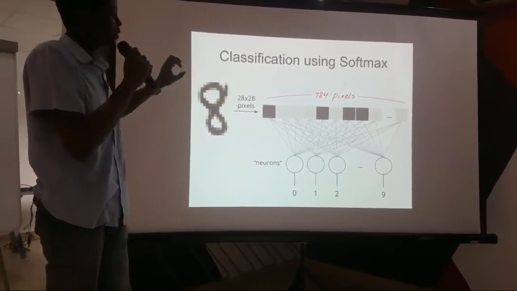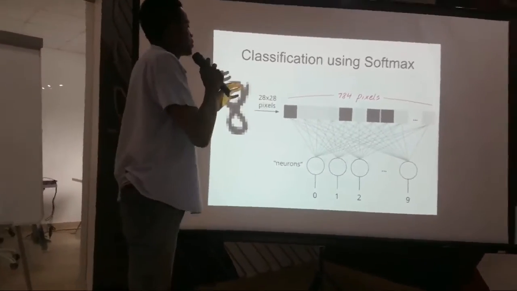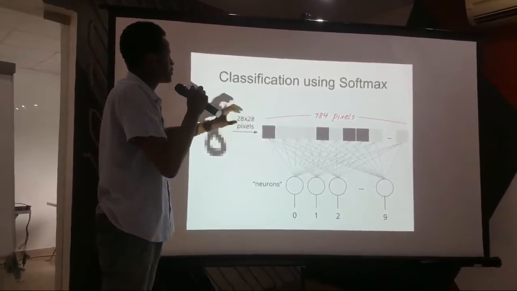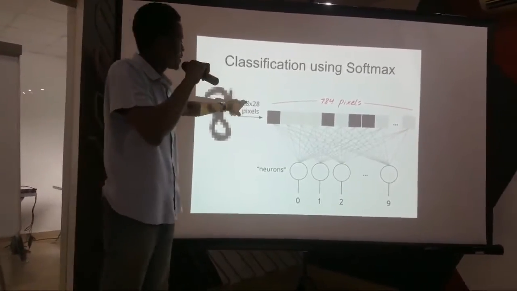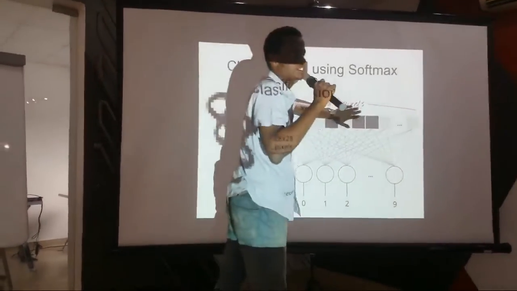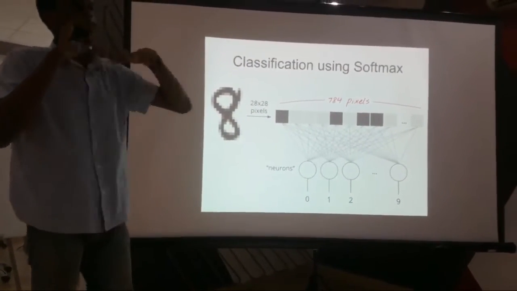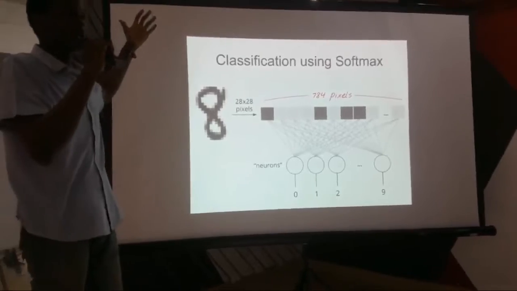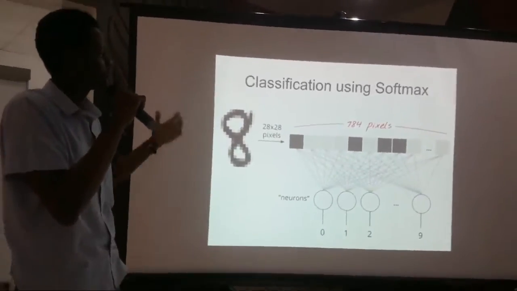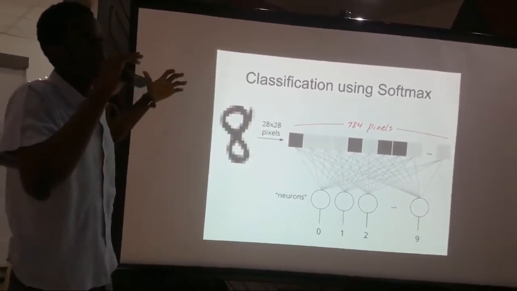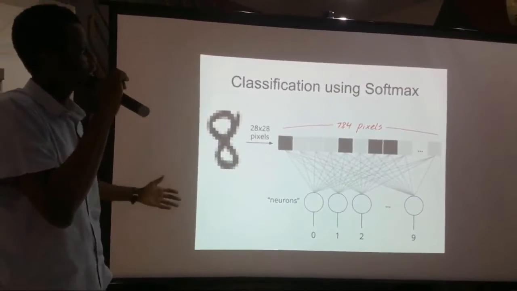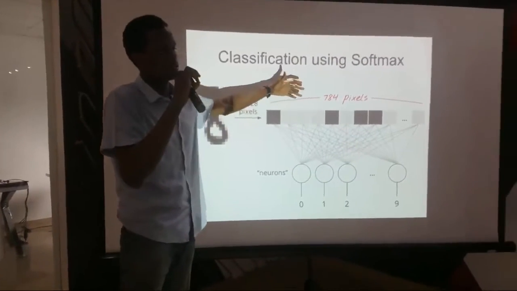What we did was unroll each of those images into a vector of 28 by 28, that is 784 pixels. So we had 784 different features. Like we said, our total number of training examples is 55,000, so we have a training set of 55,000 by 784.